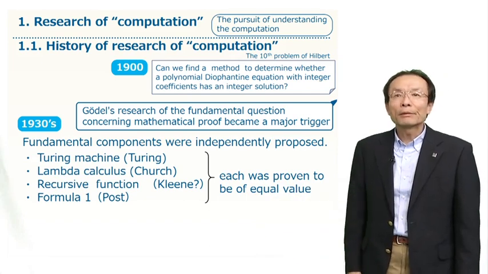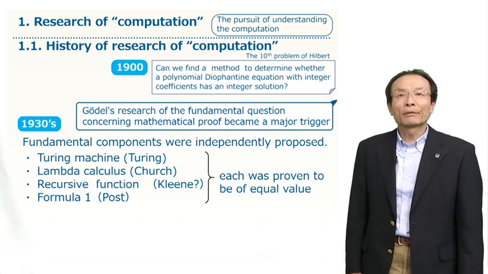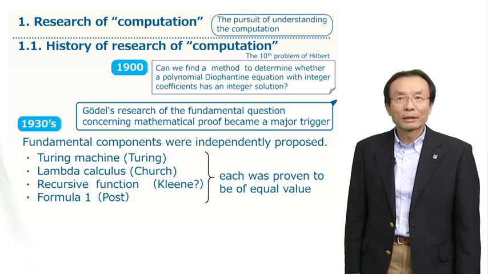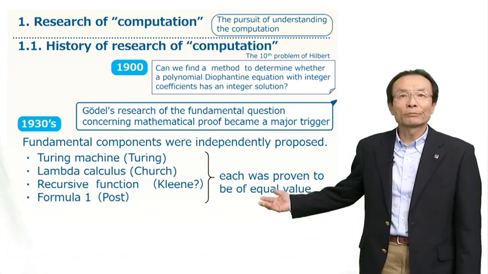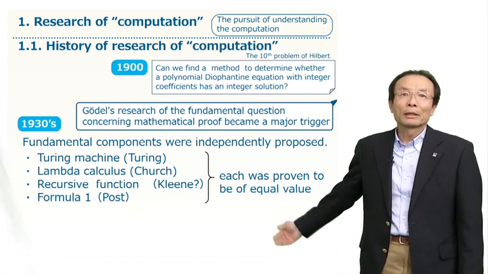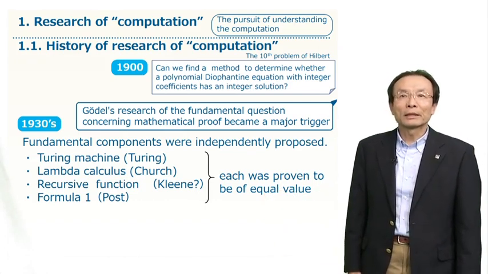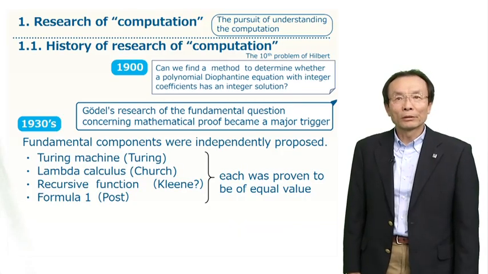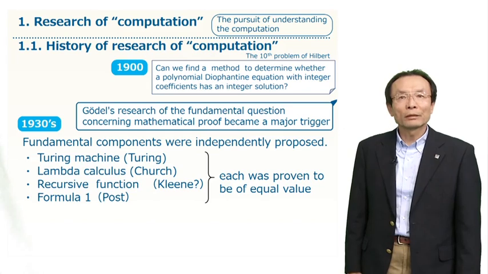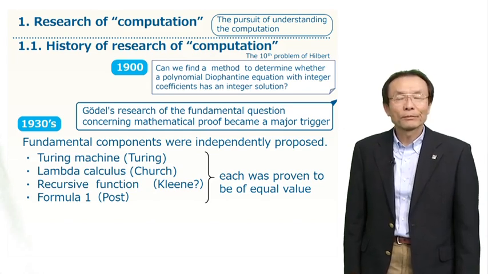That is, everybody was thinking about the fundamental components of computation from different angles. Then, since they were proven to be all equivalent to one another, they all started to realize that they were all on the same thing and that there is no other way to define computation.